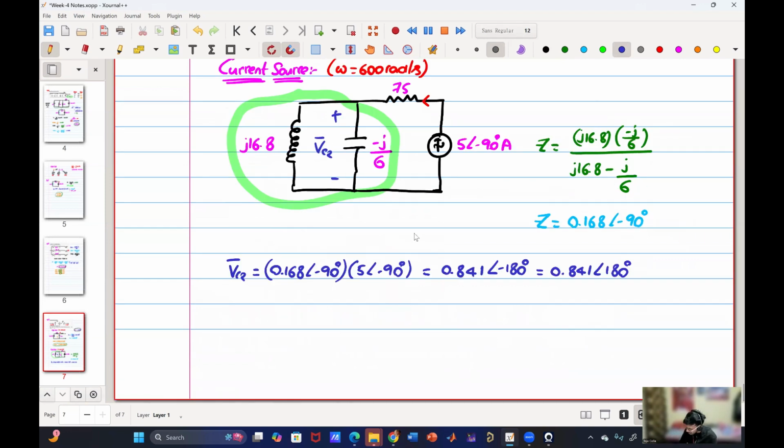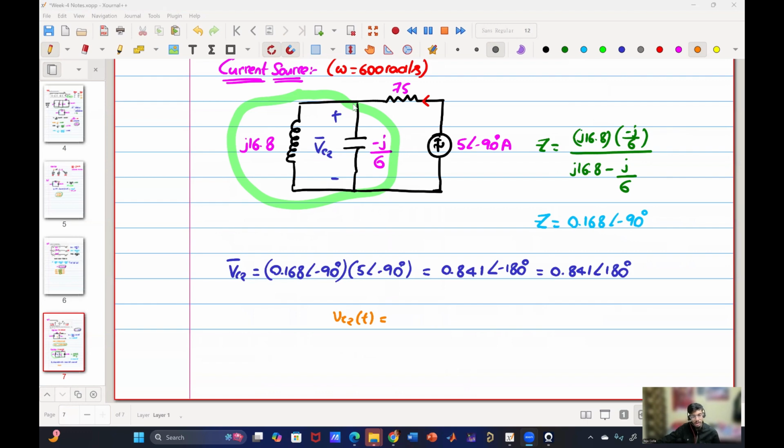Sir, why should we combine these two, this inductor and capacitor, as a parallel combination? Only VC2 is across only the capacitor. Yes, but I have to find the current through the capacitor, so can we apply the current division rule for that?